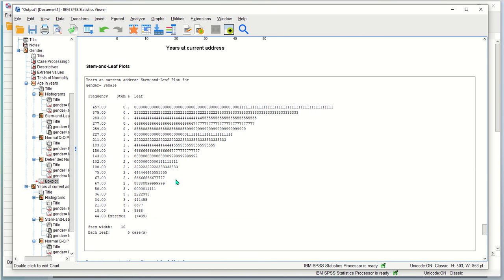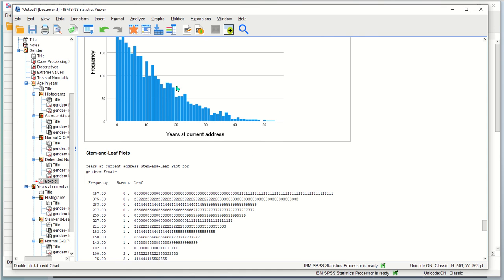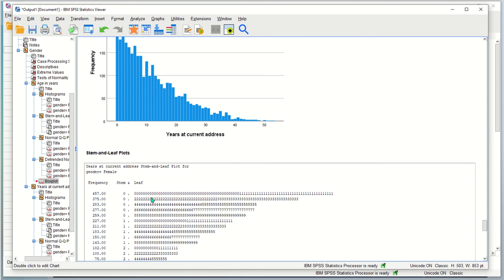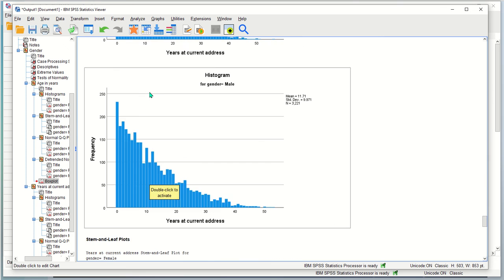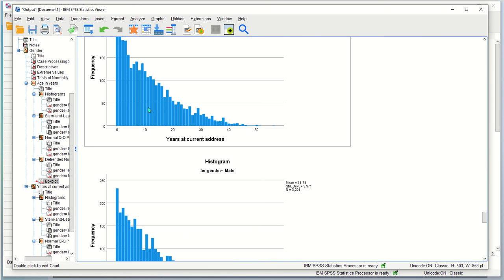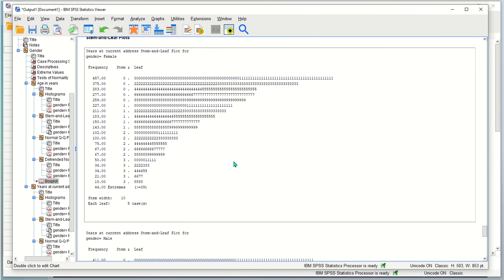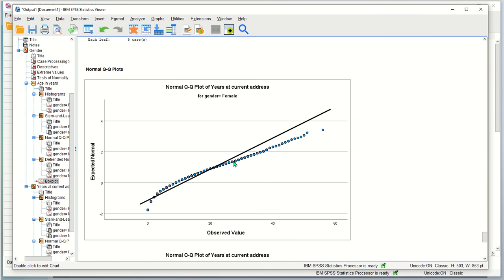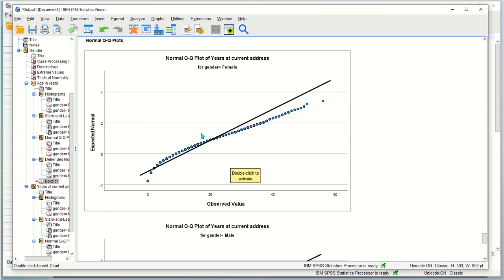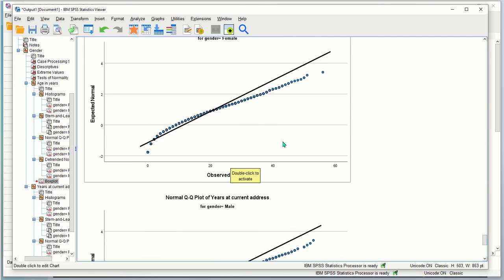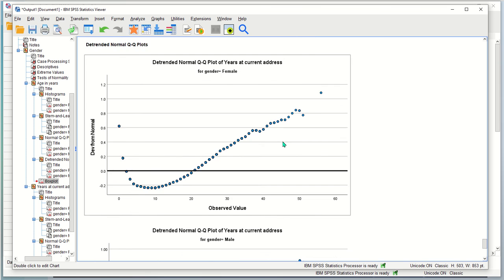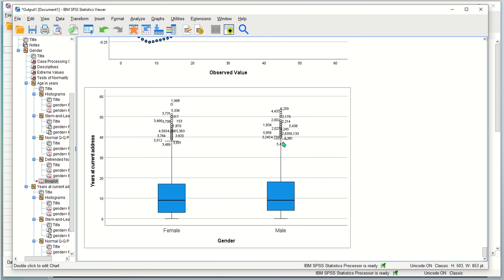If you turn these stem and leaf plots right side up, they would look similar to these bar charts or histograms. And these are a lot less normal because our data is skewed, as you can see by the histogram. And you can see quite a few outlying cases in this data.